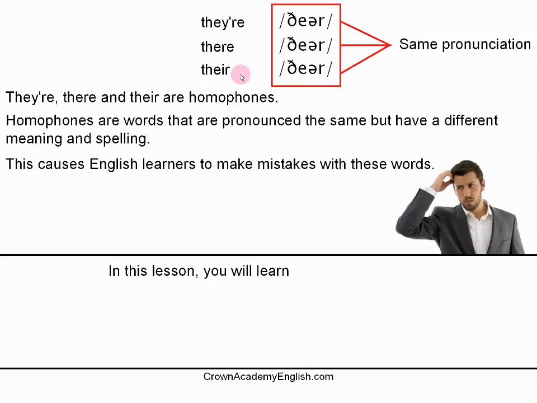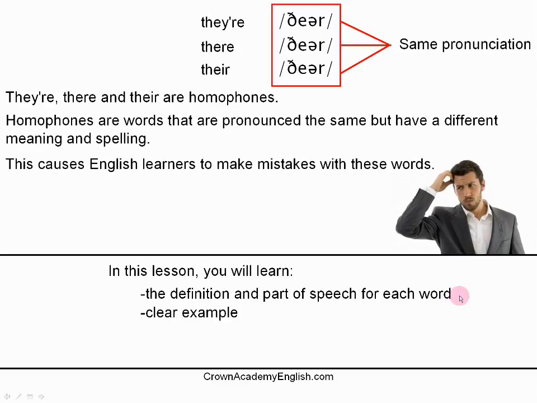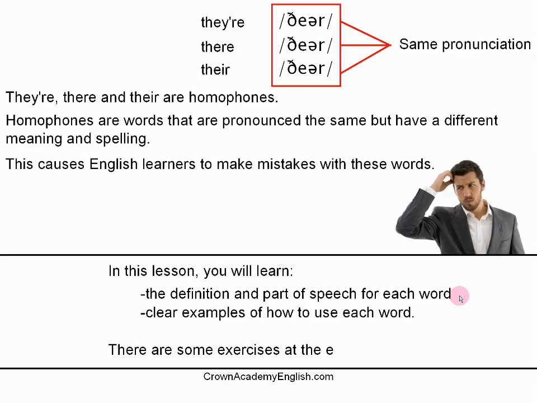So in this lesson, you will learn the definition and the part of speech for each word, and I will also give you clear examples of how to use each word. And at the end of the lesson, there are some exercises. Okay?